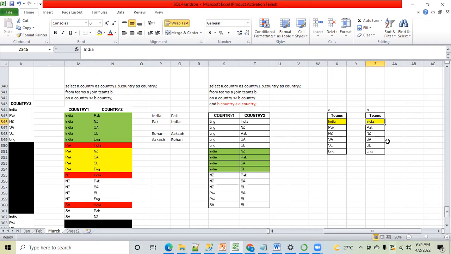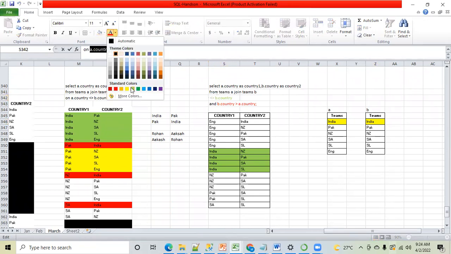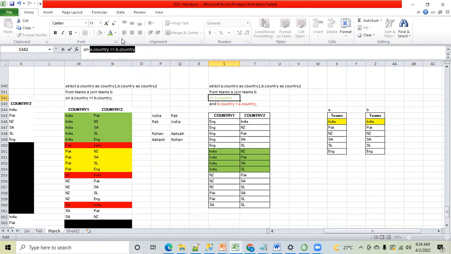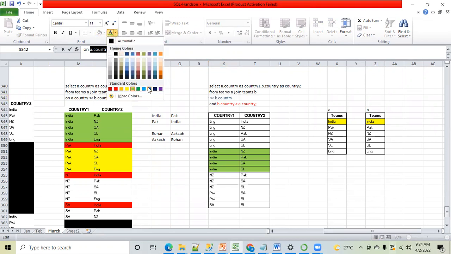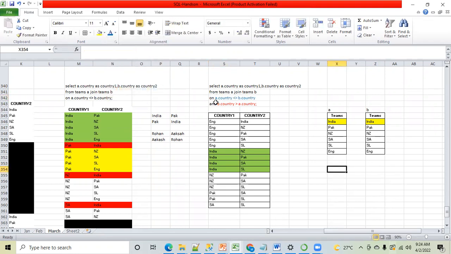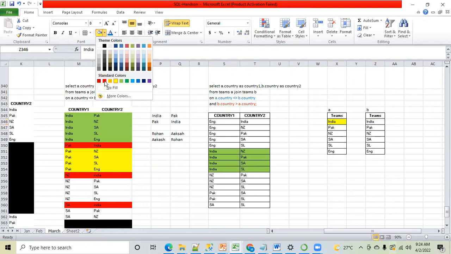It's equal, right? So it will not be fetched, because in the condition you have told SQL that I want only those records in which the countries are not the same. You have mentioned that I want only those records where the countries are not the same. SQL will see that both the countries are the same, so it will not fetch this record.